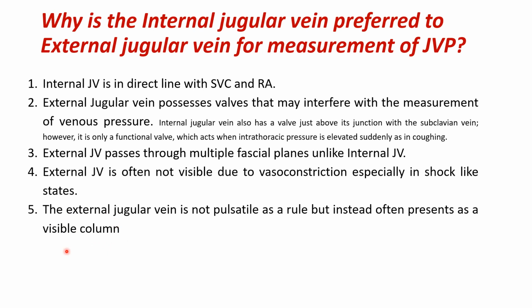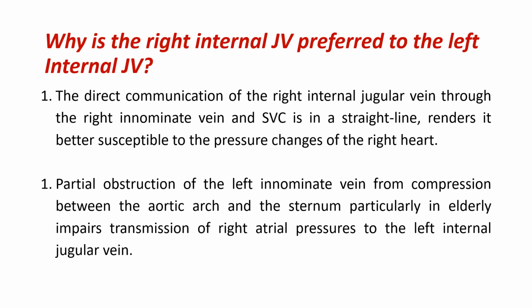It is a congested vein, so we cannot see the waves well, which we'll talk about later on. However, some people say that we can still look at the external jugular vein if you find it congested, very prominent and engorged. This can give you a clue that there is high central venous pressure, but it is not the ideal one.